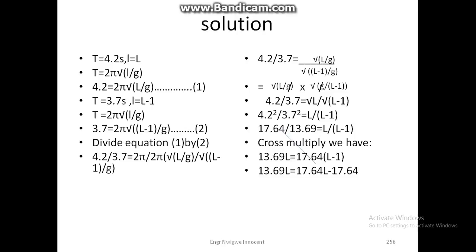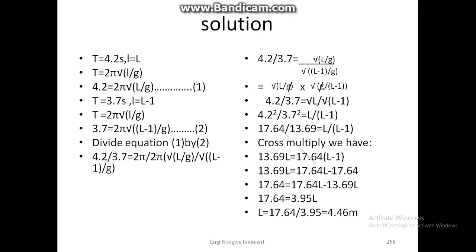Taking the like terms together and the known figure to the other side, we have 17.64 equals 17.64 L minus 13.69 L. So 17.64 equals 3.95 L. L is equal to 17.64 over 3.95, which gives us 4.46 meters. The original length is therefore 4.46 meters.